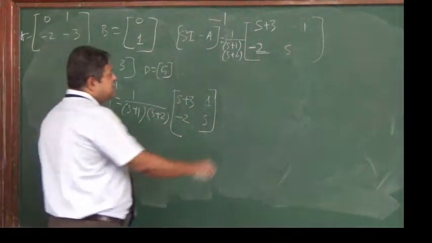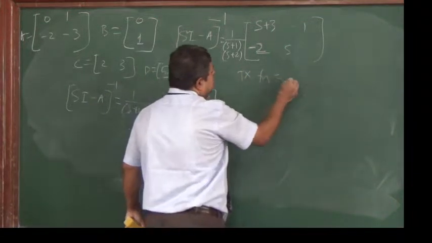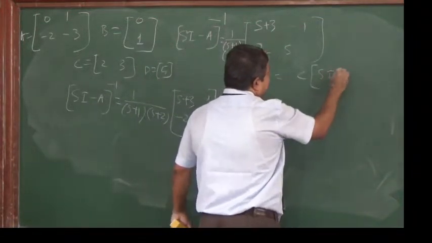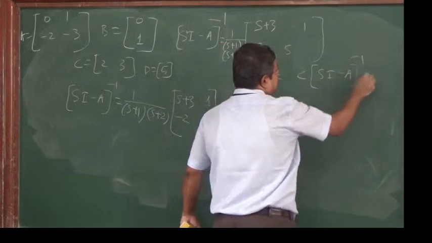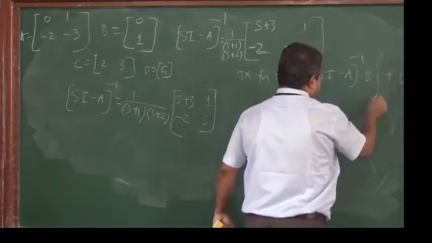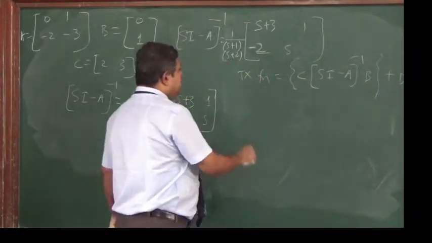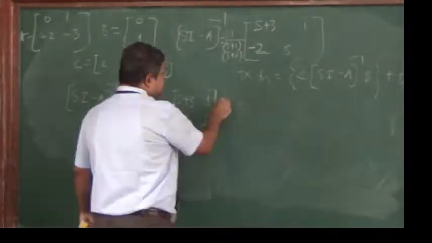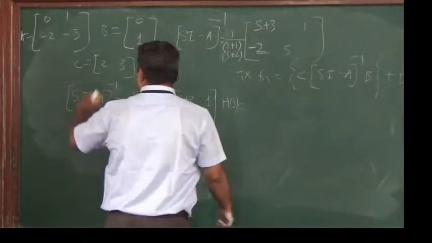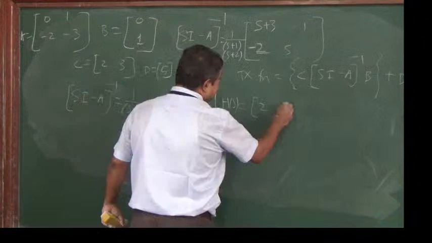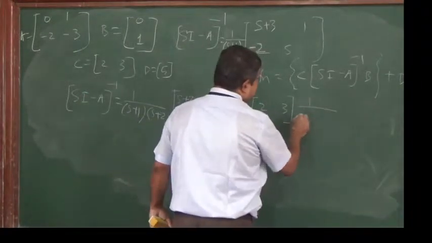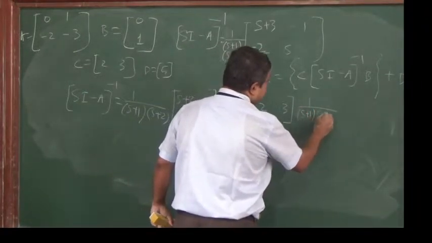What is the transfer function formula? Transfer function formula is C into sI minus A inverse into B plus D. So this is in one bracket. Now what is the C matrix? H(s) is nothing but the transfer function. C matrix is 2 and 3, and then sI minus A inverse. So first the determinant, S plus 1, S plus 2.